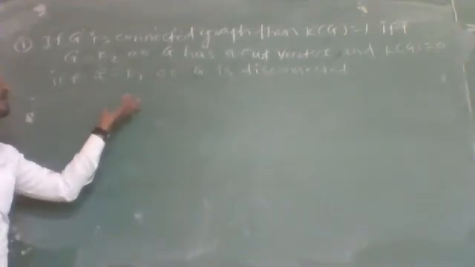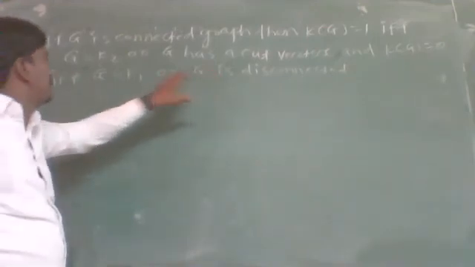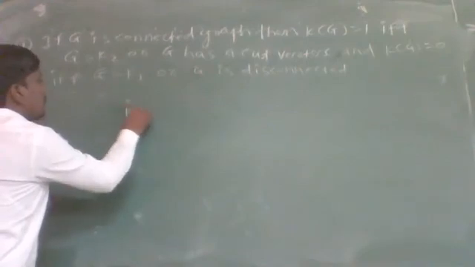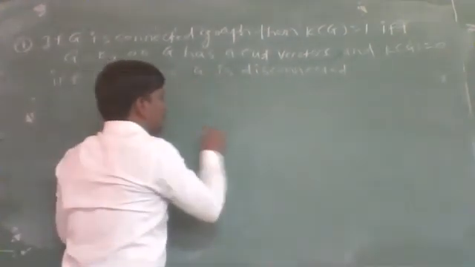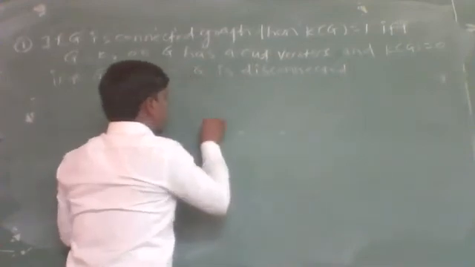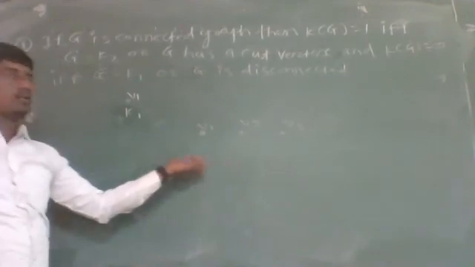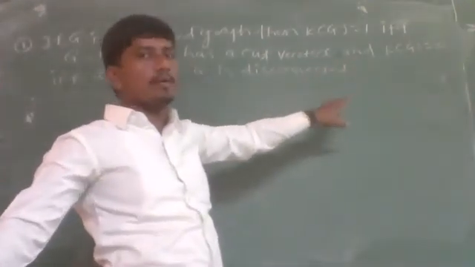So here we can't delete any vertex from this graph. This one is K1, here is vertex V1. Or G is disconnected: suppose it contains a number of isolated vertices, then it is not possible to delete any vertex from it. So it is disconnected and in that case the connectivity of G will be equal to 0.